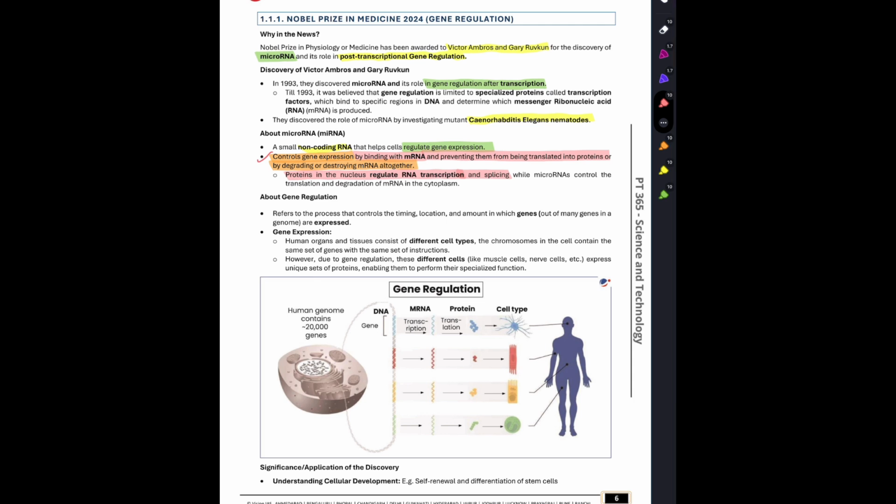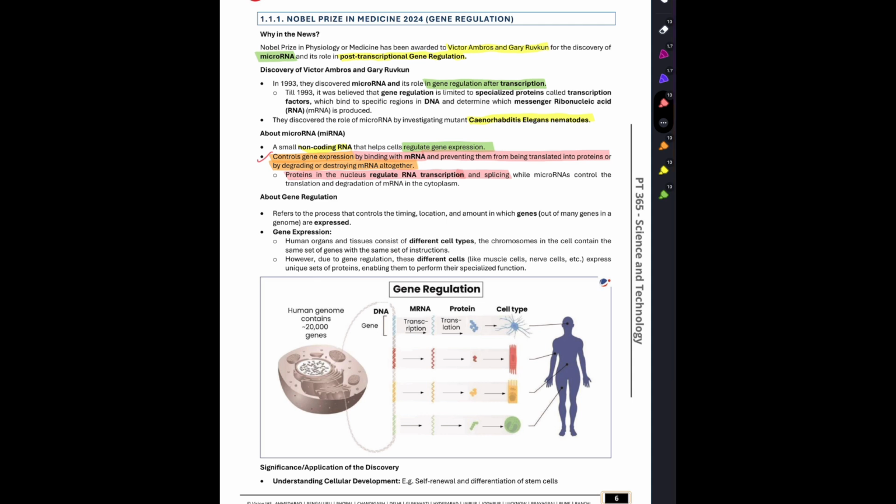Gene regulation refers to the process that controls the timing, location, and amount in which genes, out of the many genes in a genome, are expressed. Human organs and tissues consist of different cell types. The chromosomes in a cell contain the same set of genes with the same instructions. However, due to gene regulation, different cells like muscle cells and nerve cells express a unique set of proteins, enabling them to perform their specialized functions.